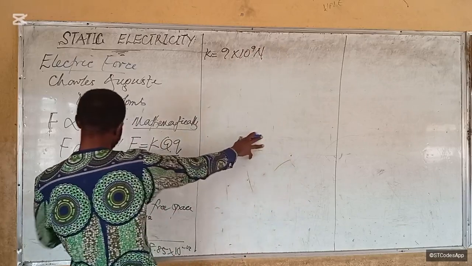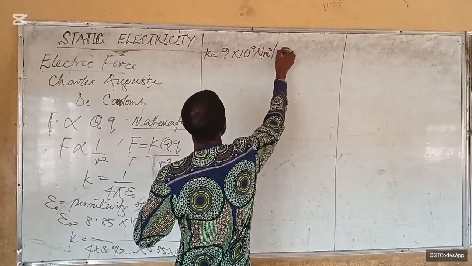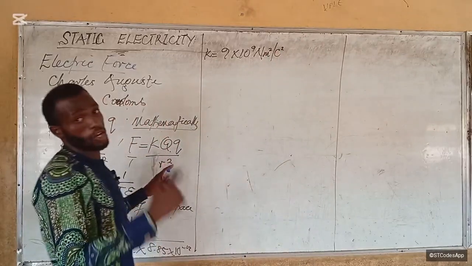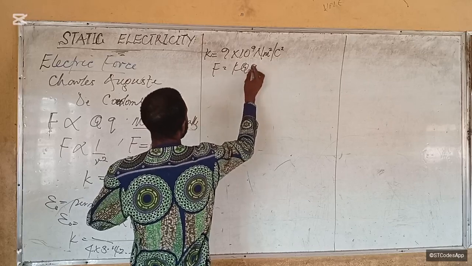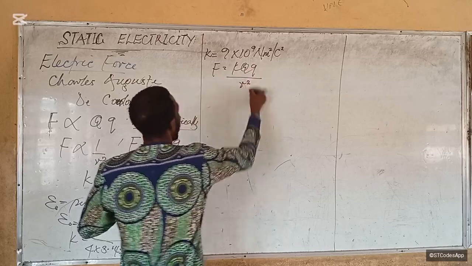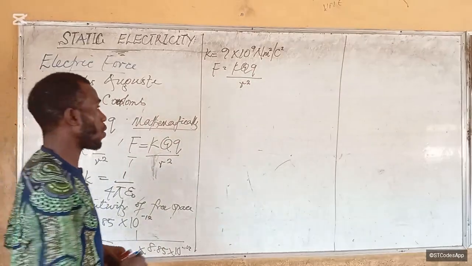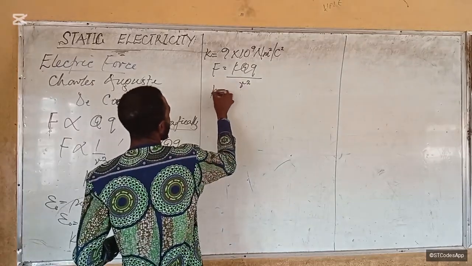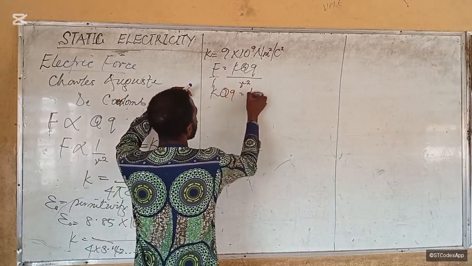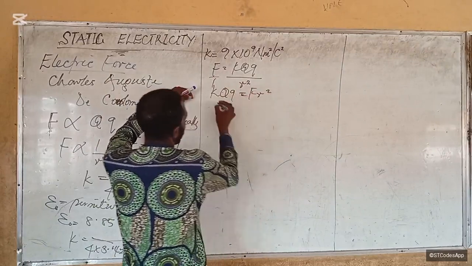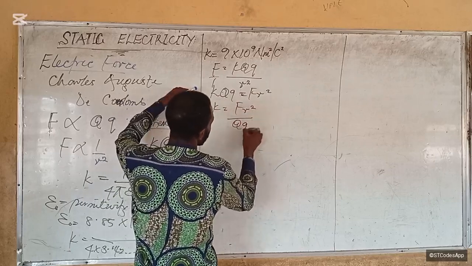Now it is Newton meters squared per Coulomb squared. And how did I come up with that? Recall that F is k q q over r squared. The unit of charge is Coulomb, of course. So, cross multiplying, we have k q q equal to F r squared. Then k will be equal to F r squared over q q.